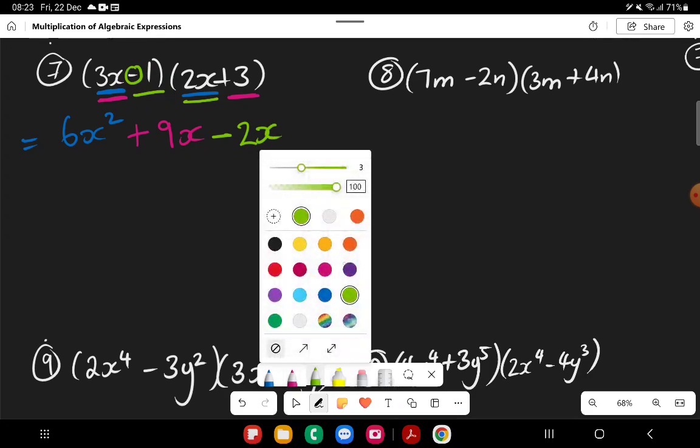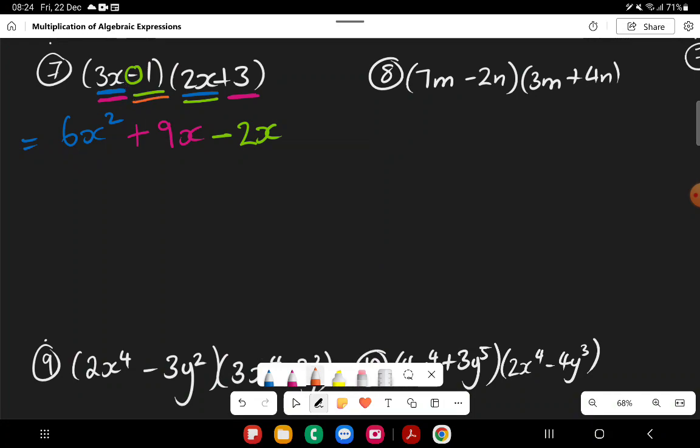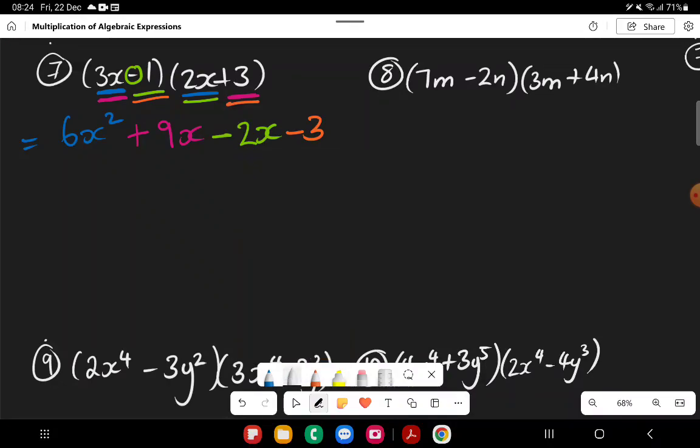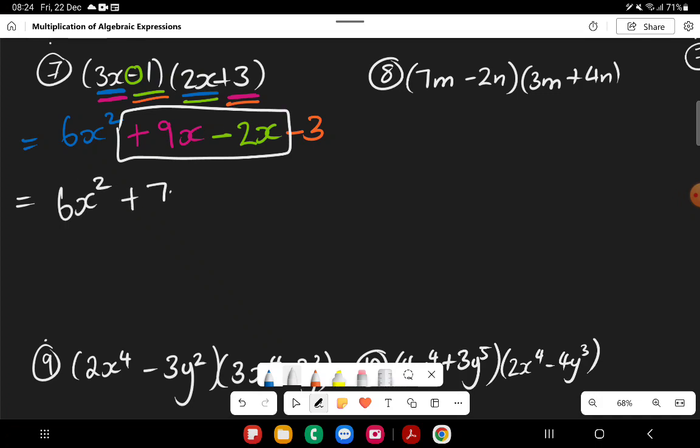And then our last is going to be negative 1 times 3. So that's going to be negative 3. Finally, we are going to add our like terms. So these are our like terms, the 2 in the middle. Not always, but most of the time. So I'm going to say 6x squared. 9 minus 2 is 7x minus 3. That's our answer.